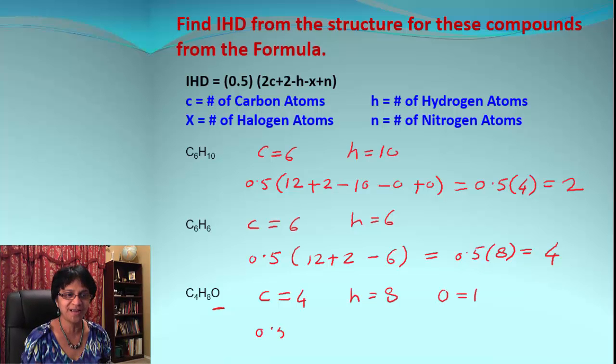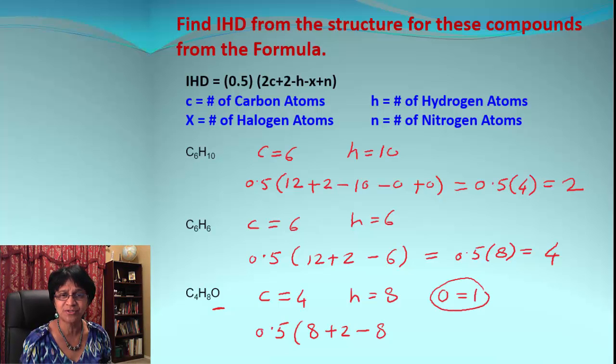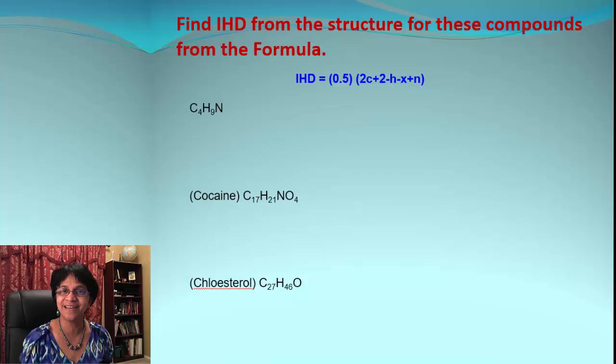In our formula, it's 0.5 times 2 times carbon, which will be 4 times 2, 8, plus 2 minus hydrogen atoms, which is 8, and then minus X, which is halogen atoms, which we don't have, and plus nitrogen, we don't have that. So do we really care about oxygen atoms? No, absolutely not. So we're going to just leave it, and that becomes 0.5 times 2, which is equal to 1. Don't you think it's getting easier?